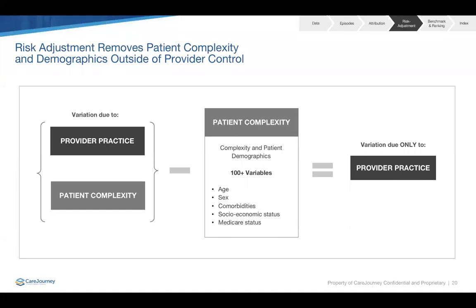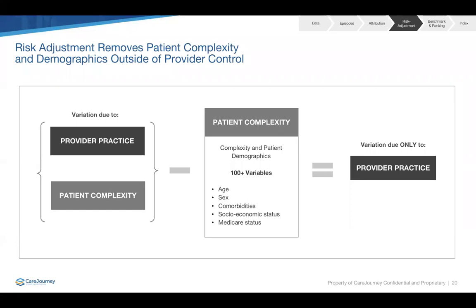It would be a failure on our part if we didn't acknowledge the most important challenge in any of these mathematical models, and that is, how do you adjust for risk? Herein lies a number of areas where we want to spend a few minutes to go a little bit deeper. First and foremost, there is the underlying question about provider practice. That's the variable we're trying to isolate.